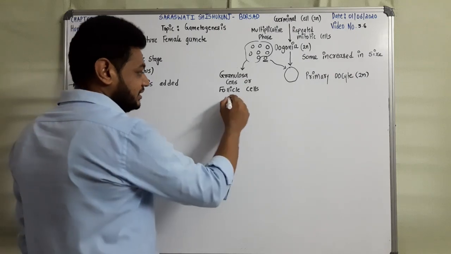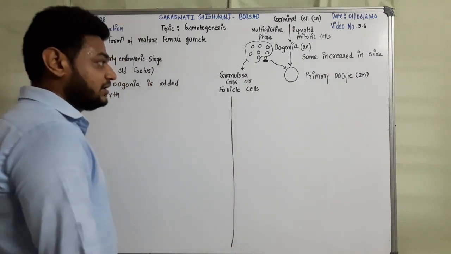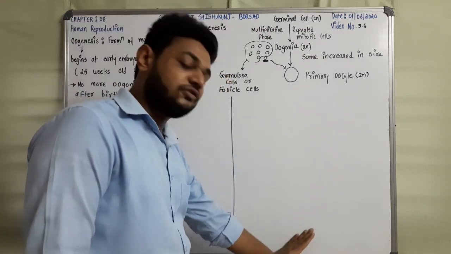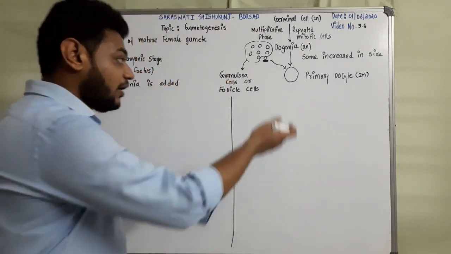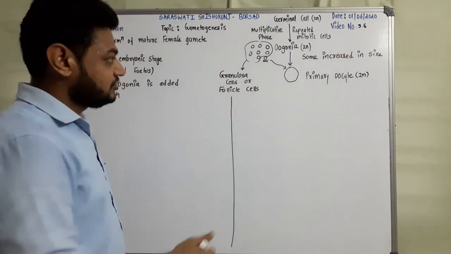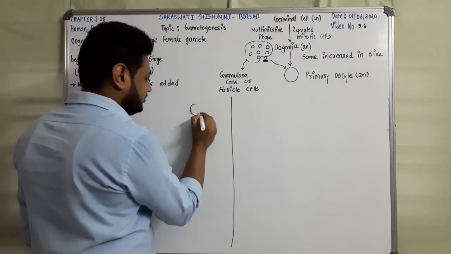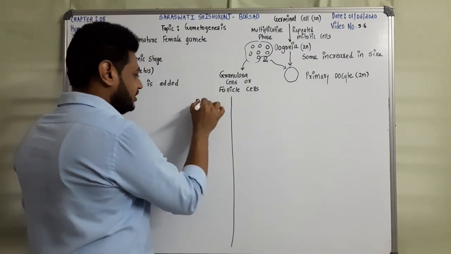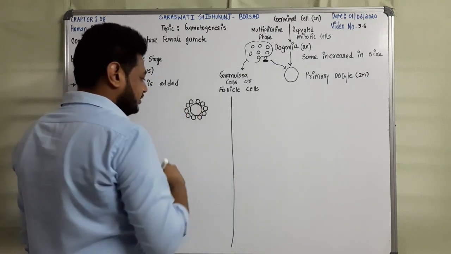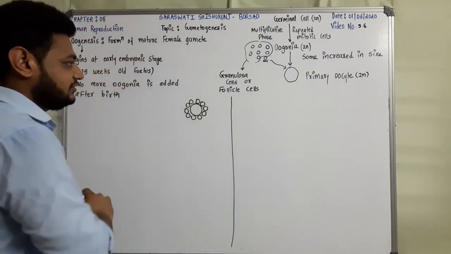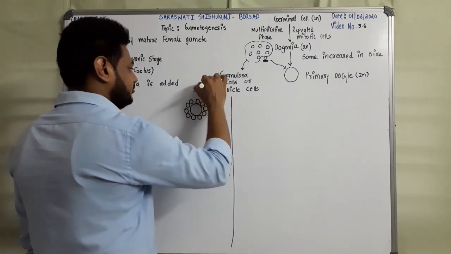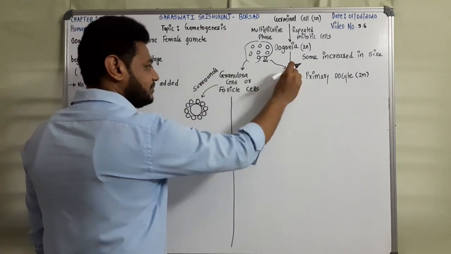See, we can study this in two ways. What happens to the primary oocyte is part of gametogenesis, but outside the primary oocyte there are changes in the structures. So let's say this is a primary oocyte. Surrounding it there is an arrangement of follicle cells, right? This granulosa cell surrounds the primary oocyte.